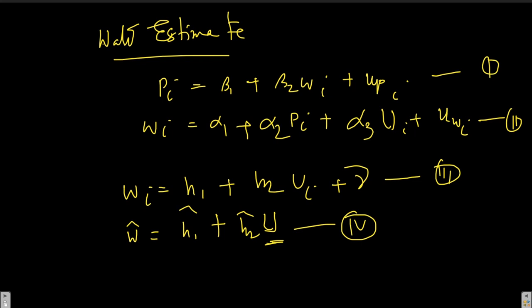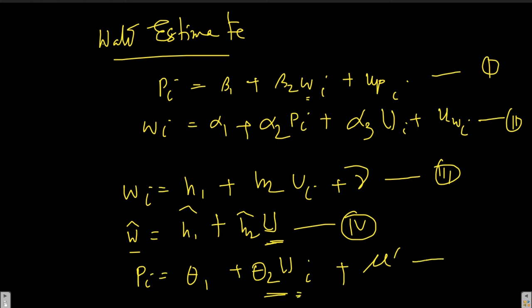So what I mean by that: Pi is going to be, let's say, theta 1 plus theta 2 Ui, so instead of Wi, I'm going to use Ui, and let's say some error term, mu prime. Instead of using the estimated W, I'm going to use the instrument directly in the second stage regression. Okay, so this is my equation 5.